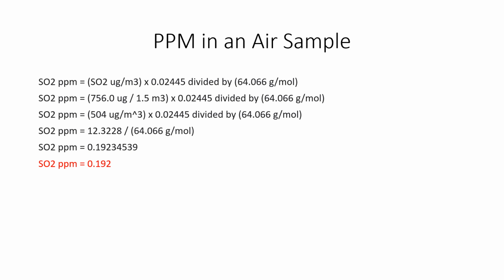We input our formula here. We know that we're going to have a sample result of 756 micrograms per 1.5 meters cubed, because we're trying to figure out for this area, we have exposure and then we have area.